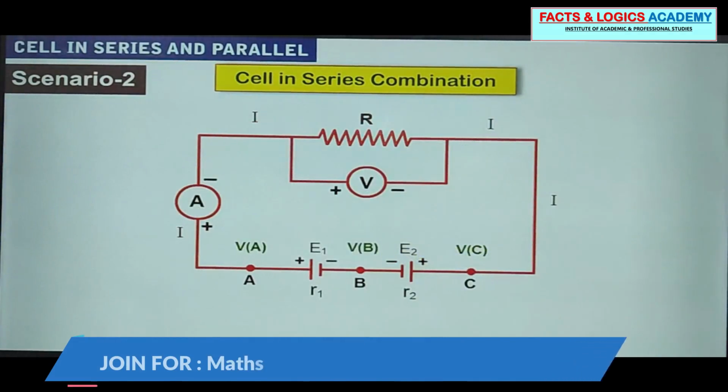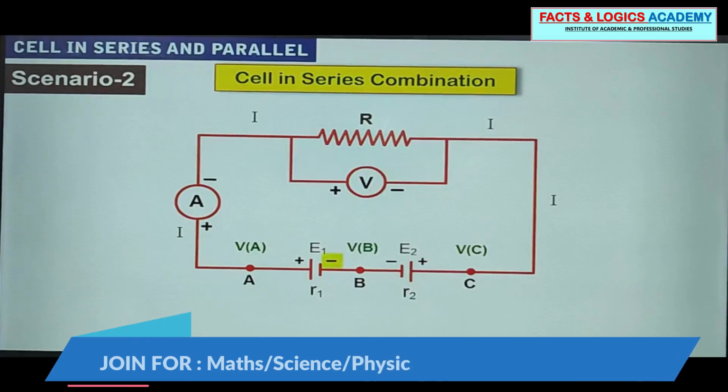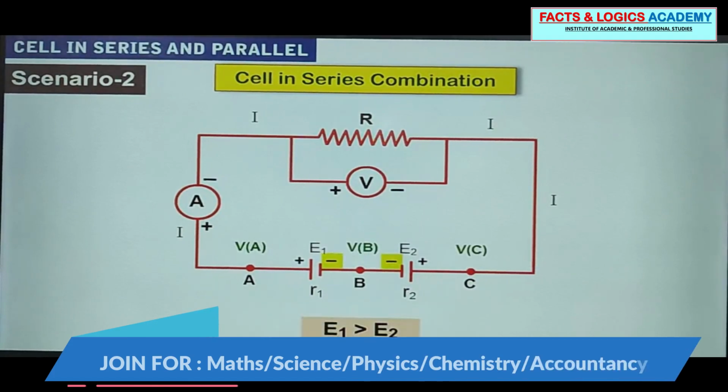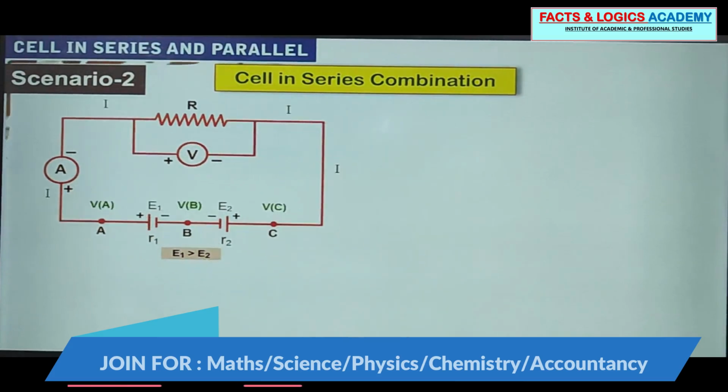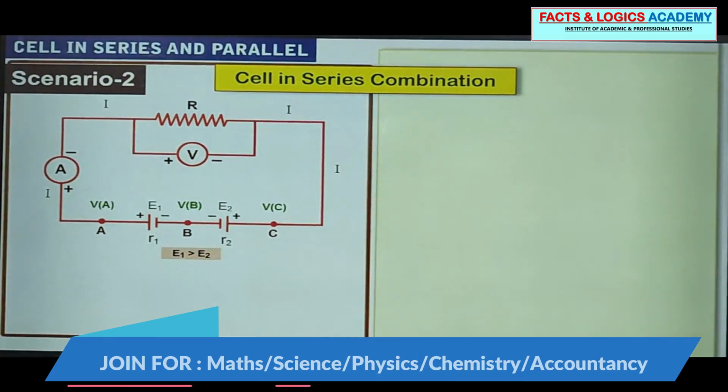Let us now observe changes in the equation when the negative terminal of the first cell is connected to the negative terminal of the second cell, and E1 is greater than E2. Let us call this scenario 2. We will now proceed with the derivation, just as in scenario 1.